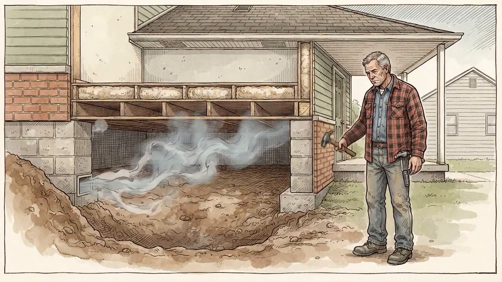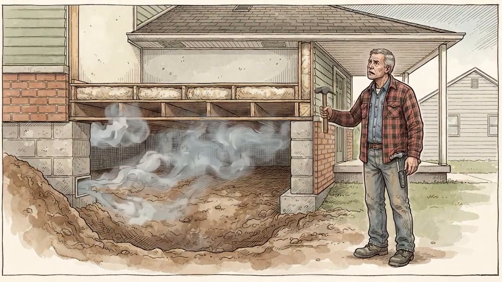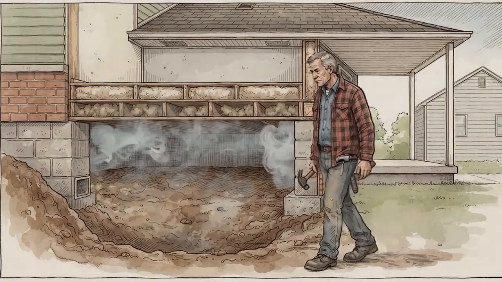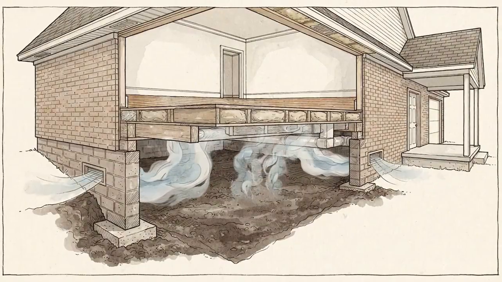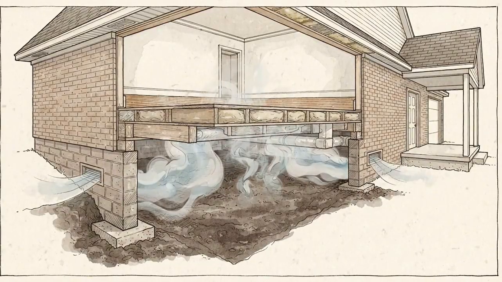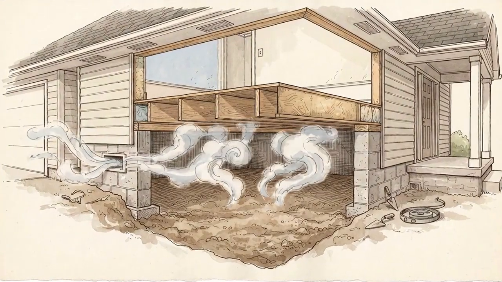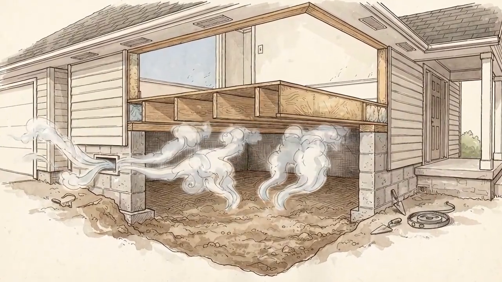That contribution continues even without visible standing water and even in a week without rain. The supply comes from capillary action drawing groundwater upward through the earth. It is not a storm event. It is a permanent condition.